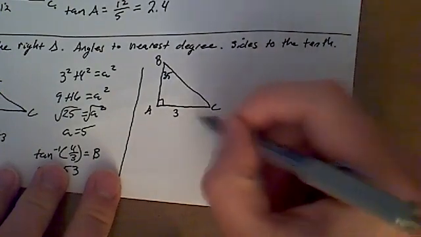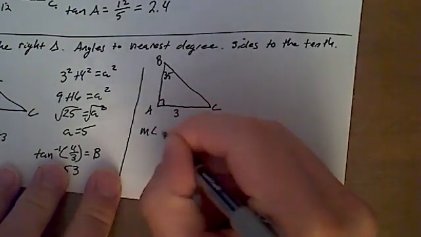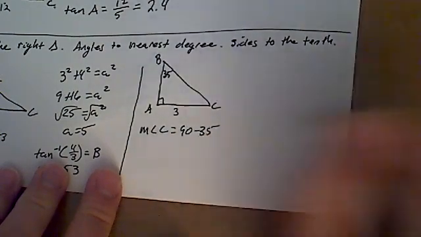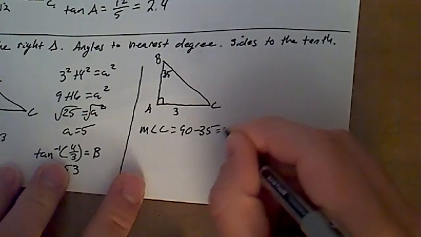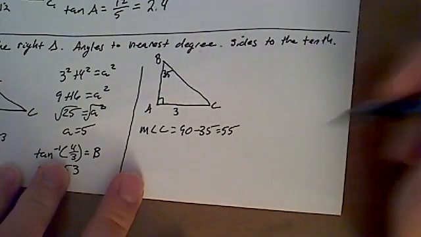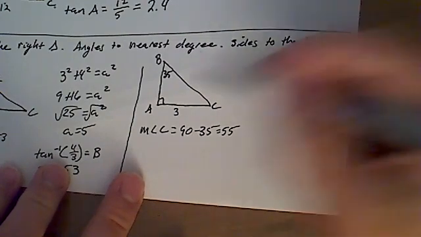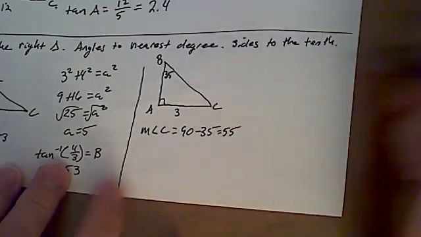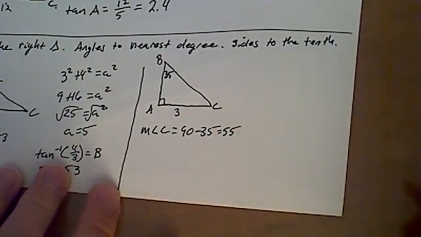we should be able to find angle C, right? It is 90 minus 35, which is 55. The three angles of a triangle must sum to 180, and 180 minus 90 is 90, so B and C must sum to 90. Right?